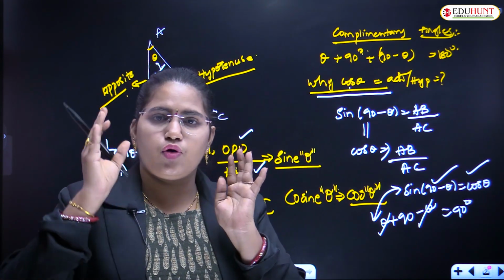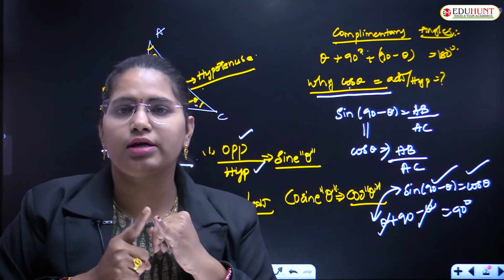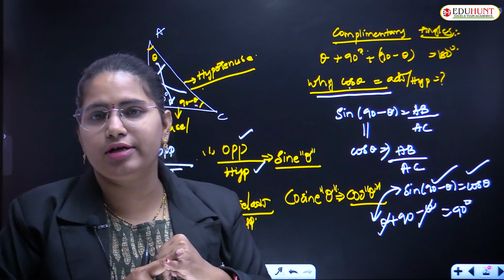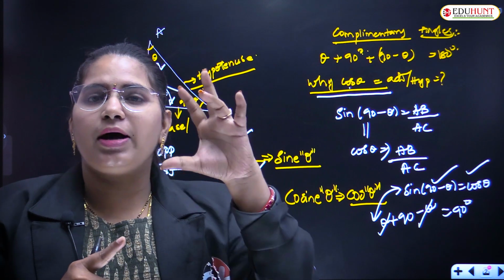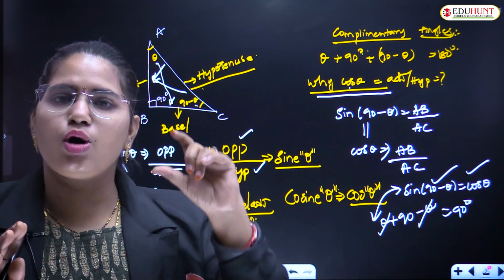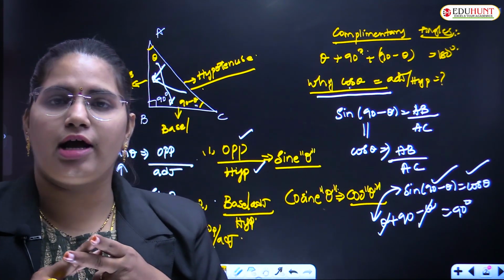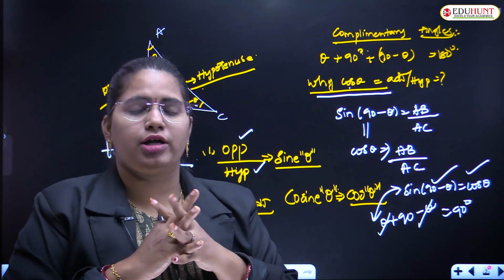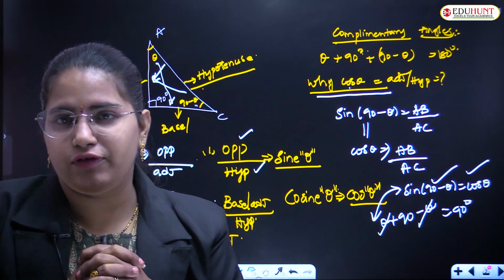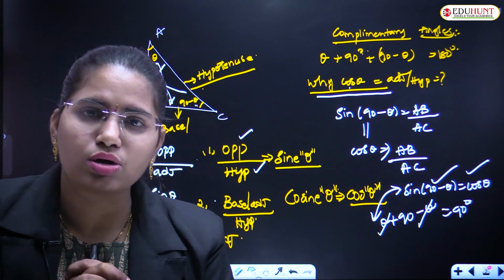So again I just want to recall the trigonometric ratios. The first one is the trigonometric ratio sin theta. Sin theta is the first trigonometric ratio, obtained by comparing the opposite and hypotenuse sides. Clear? And the second one, the complementary of sine, which in short we read as cosine, is defined as adjacent to hypotenuse.